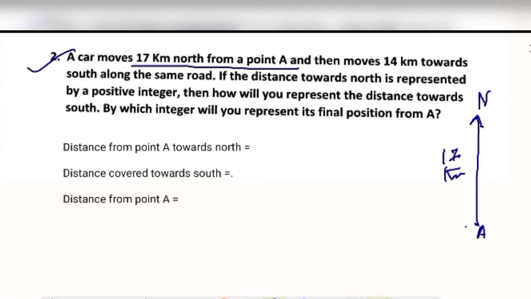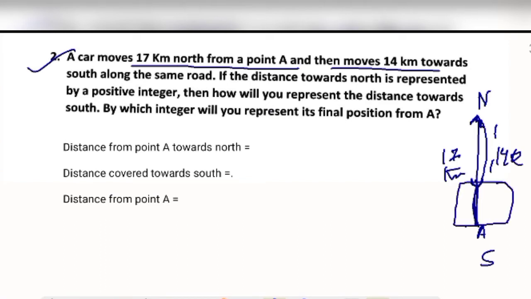In the north direction. And then moves 14 kilometers towards south. If this direction is north, obviously this direction will be south. Now in this direction it moves 14 kilometers on the same road. They are asking for this distance.